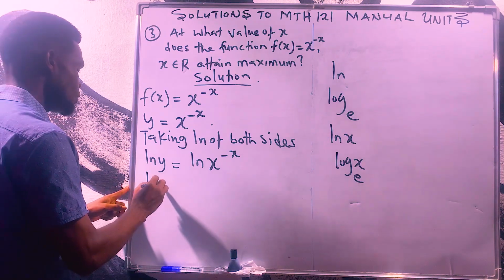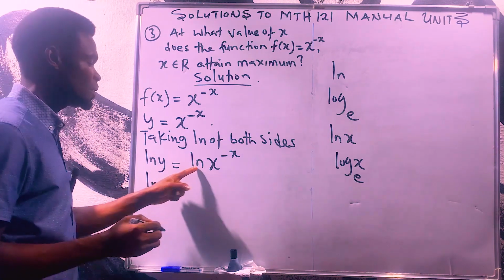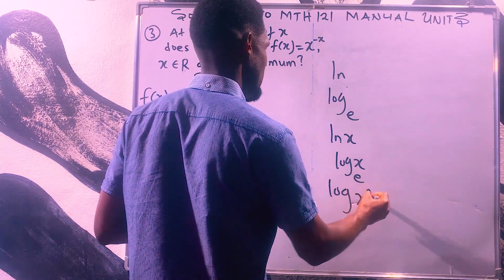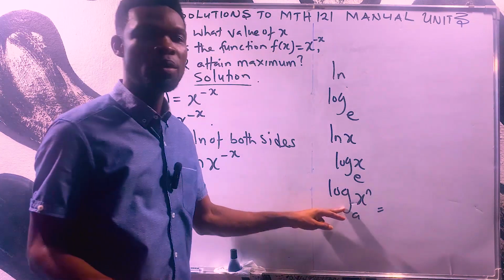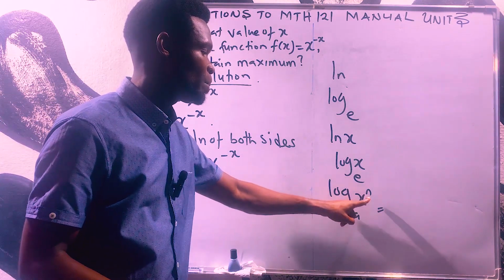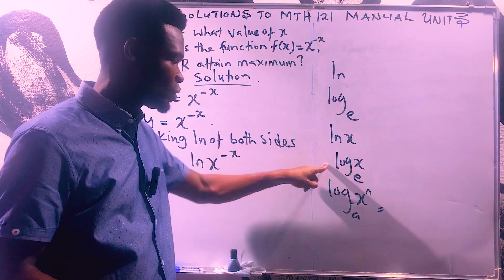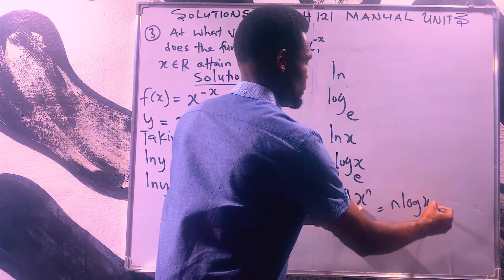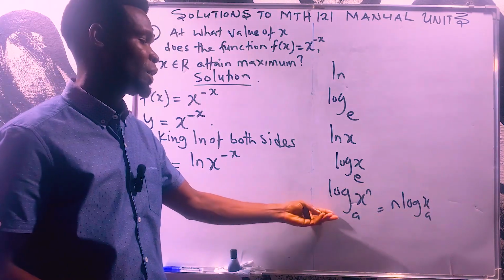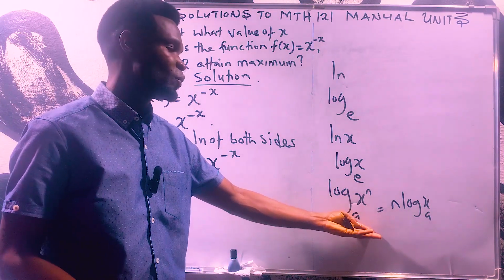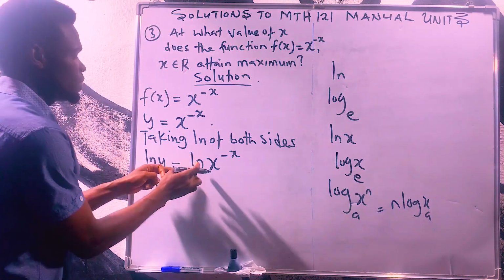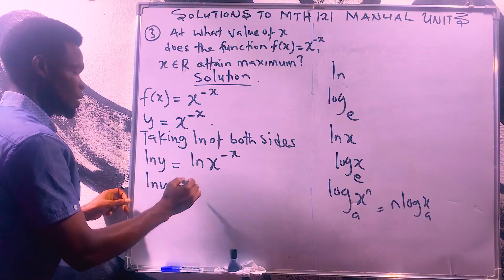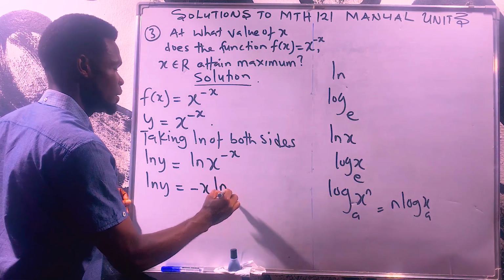Since there is a log here, you know that if you have log x raised to the power n base a, the power n will come to the front of the log, and you have n log x base a, from the laws of logarithm, which is the power law. So since this is a log, I can bring down minus x. So I have this to be minus x ln x.